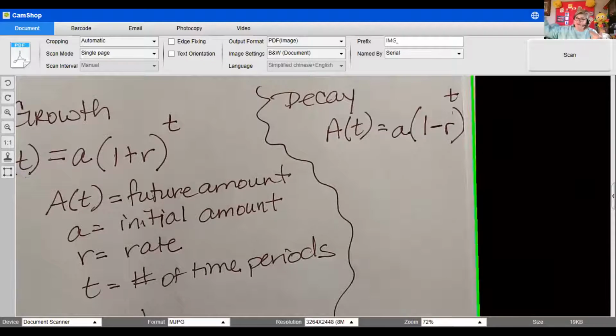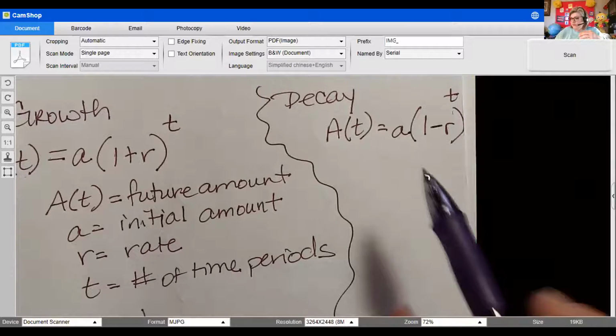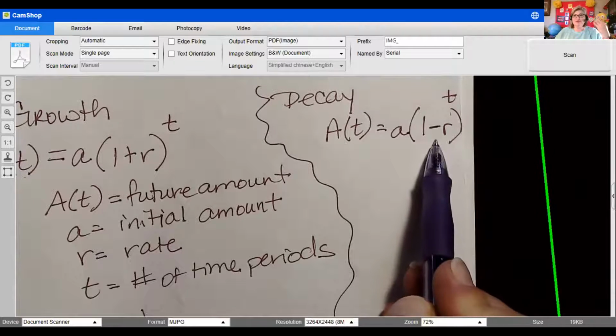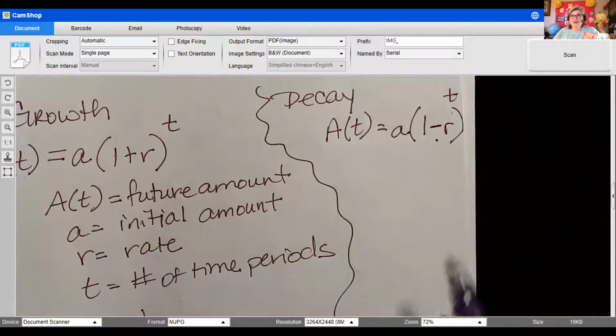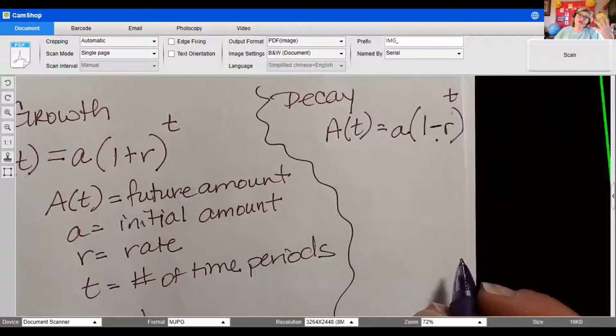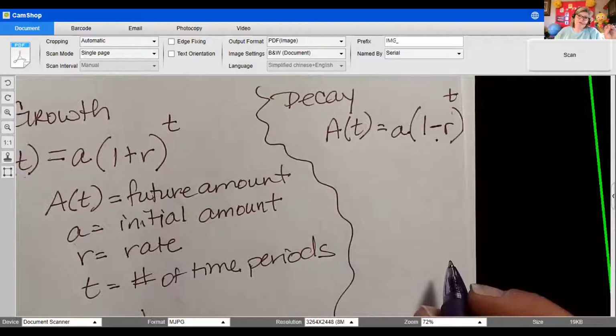You keep adding to it, right? When you're expecting things to decay or decline, how do you cause something to decrease, decay, decline? It's all those DE prefixes. And so therefore you subtract. So that's your major difference: you're going to subtract the rate of decay as opposed to adding it in your growth model.